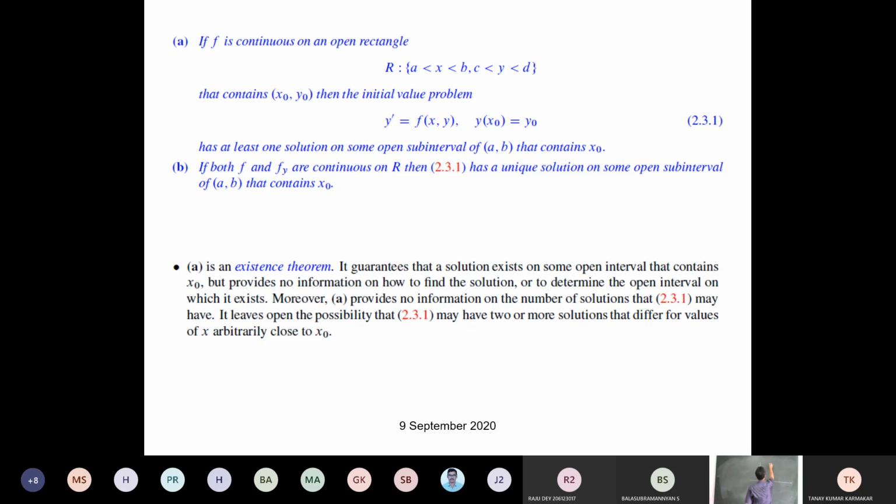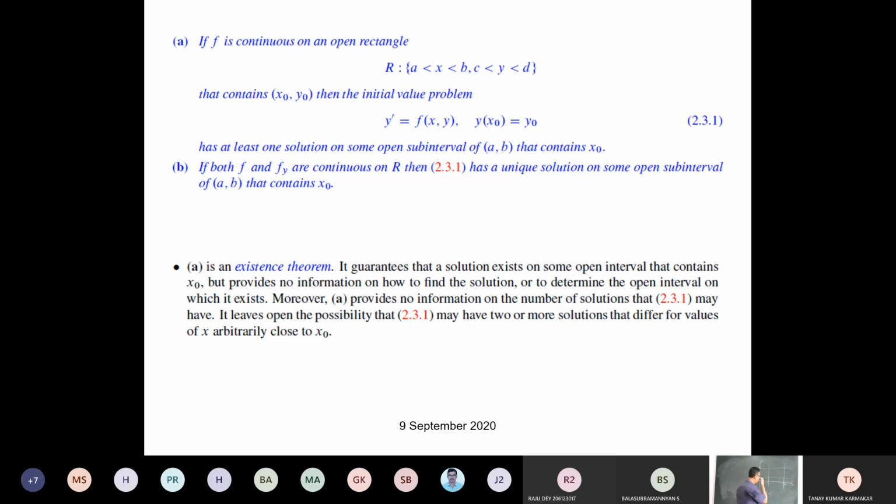Okay. So let this look like a rectangle, not a square. Suppose this is x, this is y, and this is A, this is B, this is C, this is D. Again, different books use different symbols.